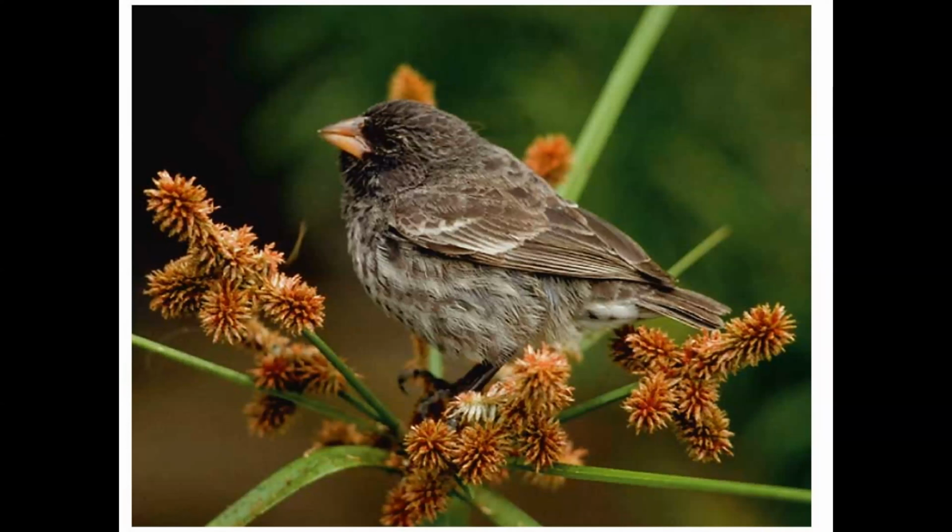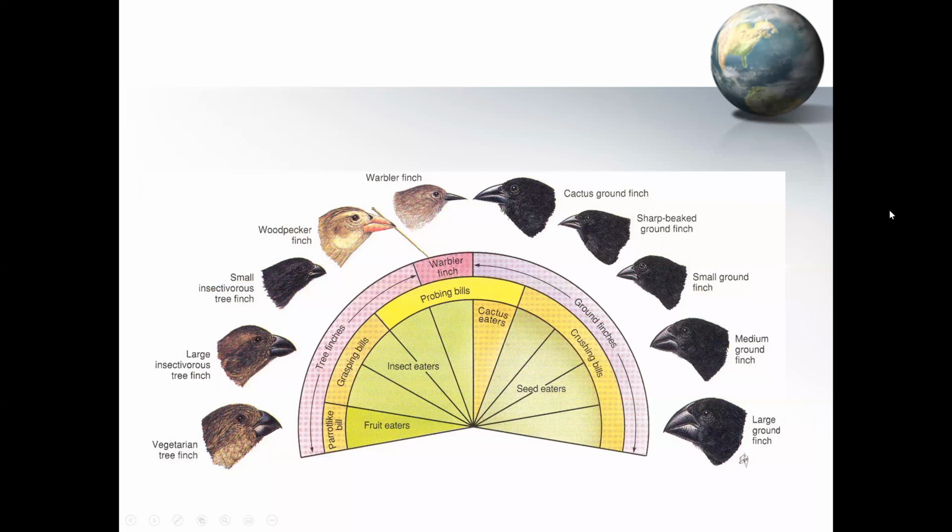Now, what you're looking at here is a finch, a type of bird. And what really clued Darwin in to the whole process of natural selection was looking at the different types of finches on the islands, for the Galapagos archipelago. So there was an original finch that he saw on the coast of South America.